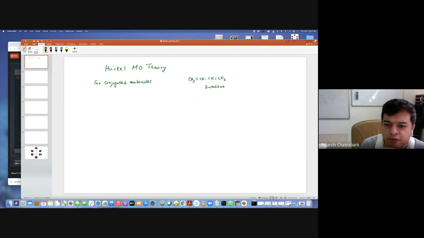Now you know that for this molecule you have the sigma framework.